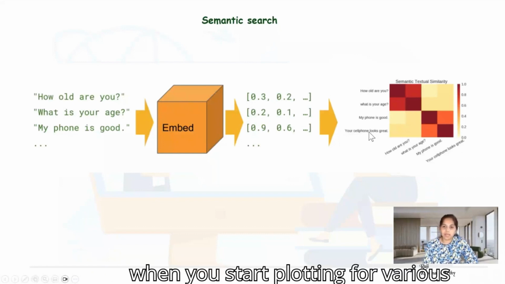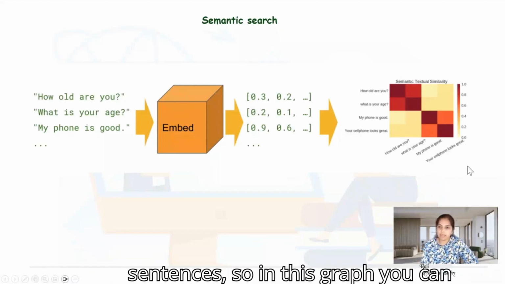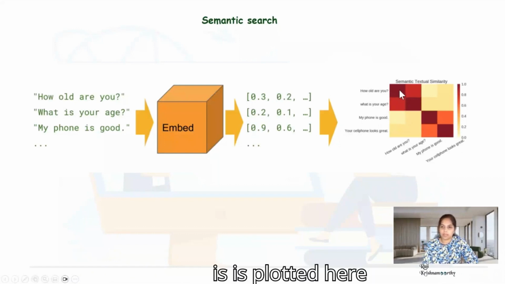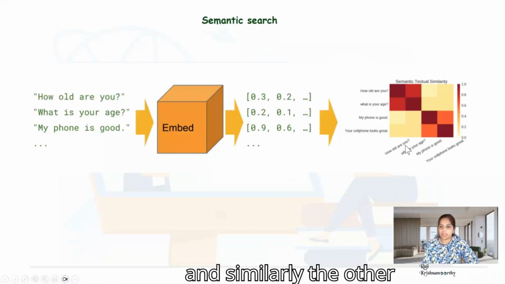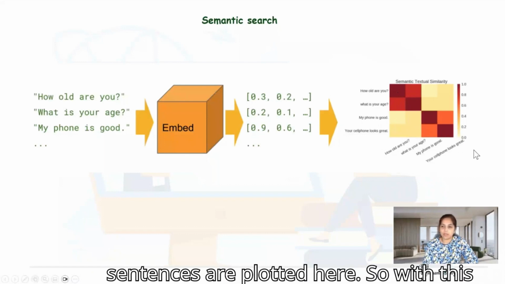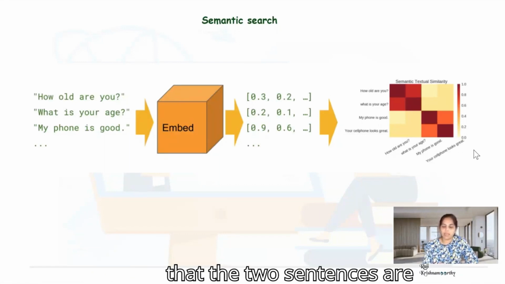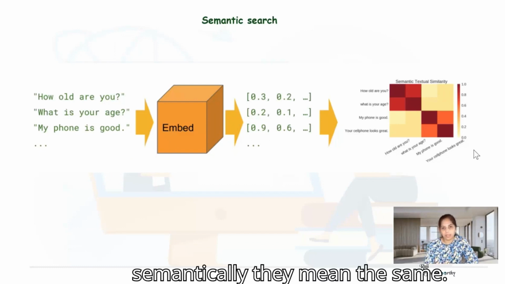Then when you start plotting various sentences, in this graph you can see how "how old are you" is plotted here, and similarly, the other sentences are plotted here. With this, the higher the score, the more you will know that the two sentences are semantically the same, meaning the same thing.